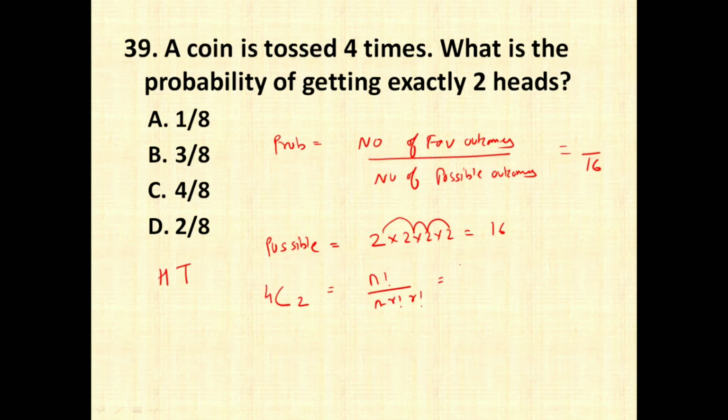So n is nothing but 4. 4 into 3 into 2 into 1 is 4 factorial, and 4 minus 2 is 2 factorial, which is 2 into 1, and again r is nothing but 2 factorial, 2 into 1. So 2 and 2 4 gets cancelled, 3 2s are 6. So 6 divided by 16, or 2 into 3 and 2 into 8, gives 3 by 8. Option number B is the right answer for this question.